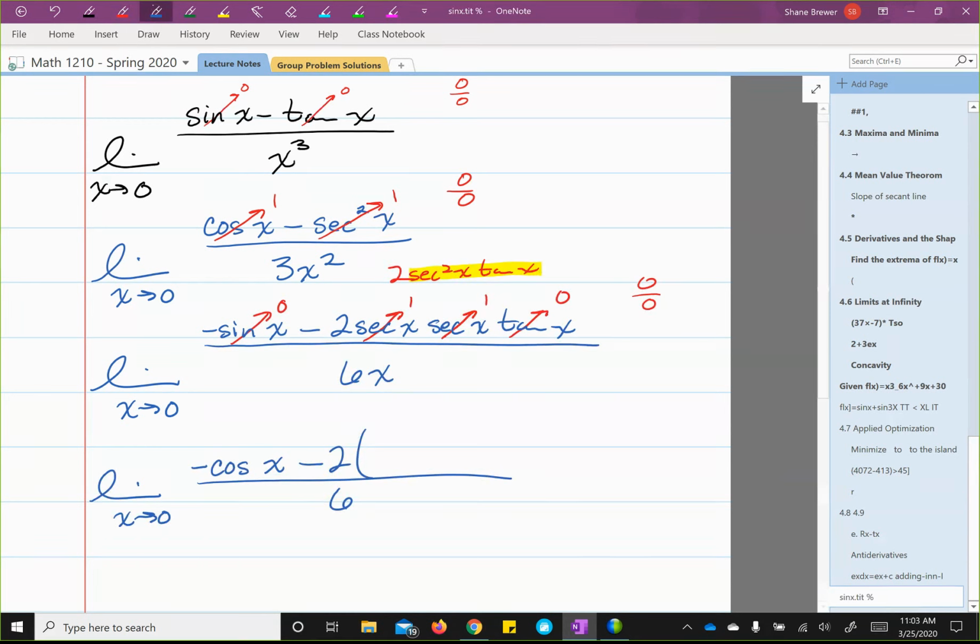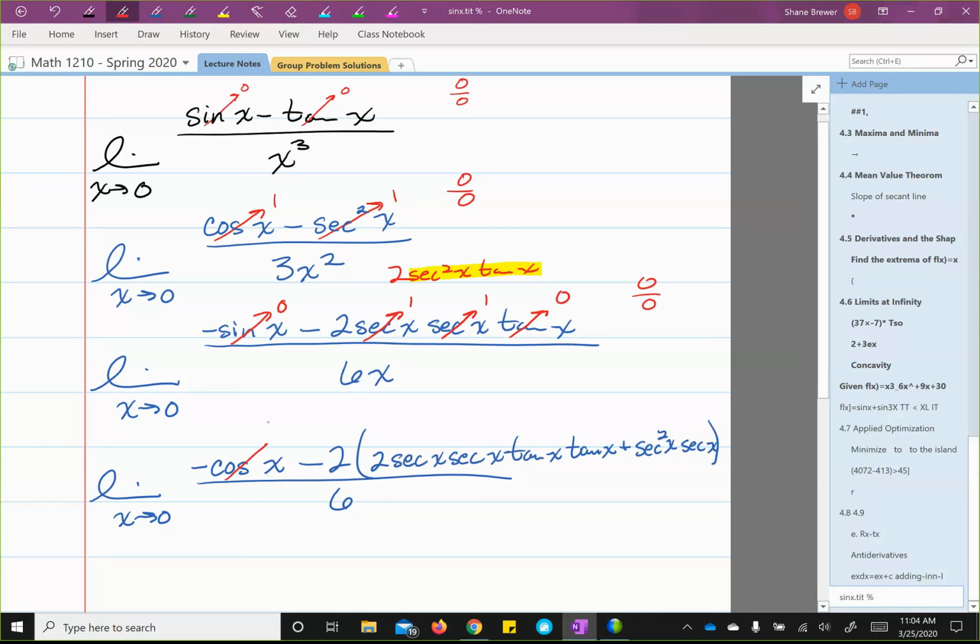So, the derivative of secant squared is 2 secant tangent times tangent. Okay? Plus, the derivative of tangent is secant squared x times our other secant. All right, so that should be our derivative. We're not going to simplify because we know we're just plugging in a 0.